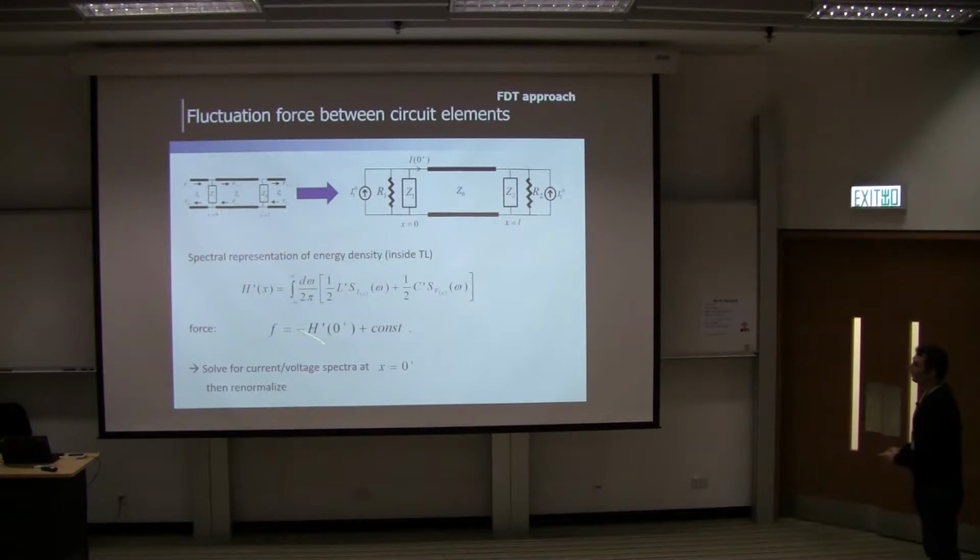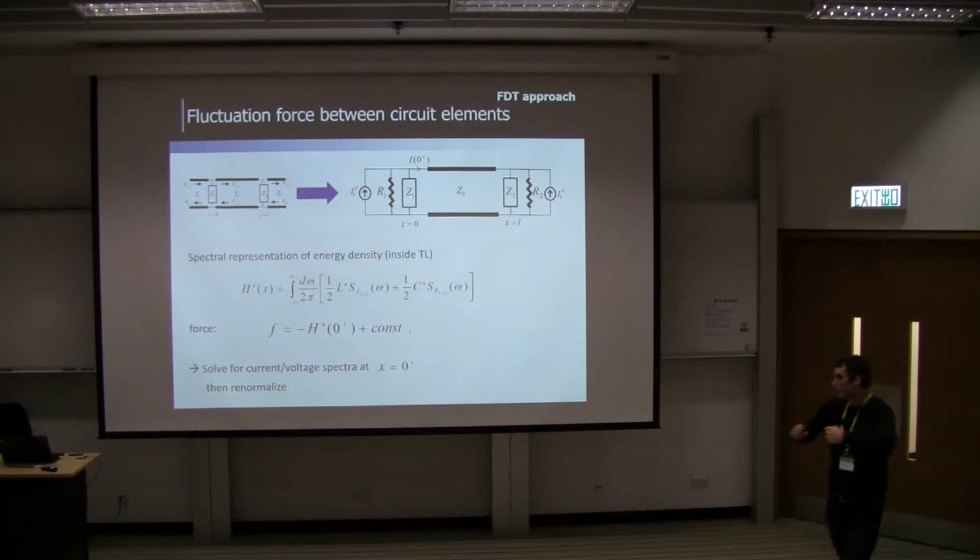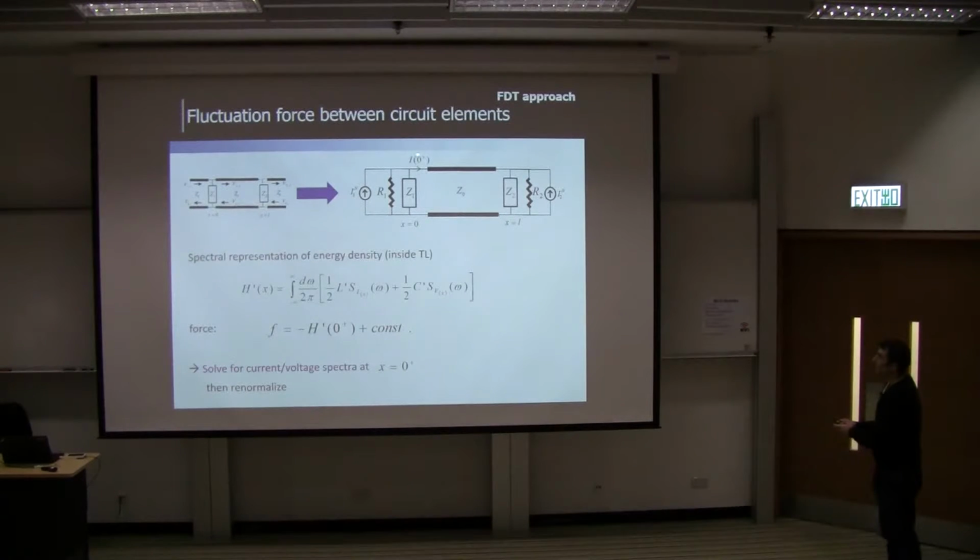I can write again the Hamiltonian density. And now again in spectrum. So this now I wrote in spectrum instead of propagating inward, forward and backward. I just wrote it in spectra in frequency space. I can still analyze the density of the Hamiltonian here because I will find the current and voltage here.